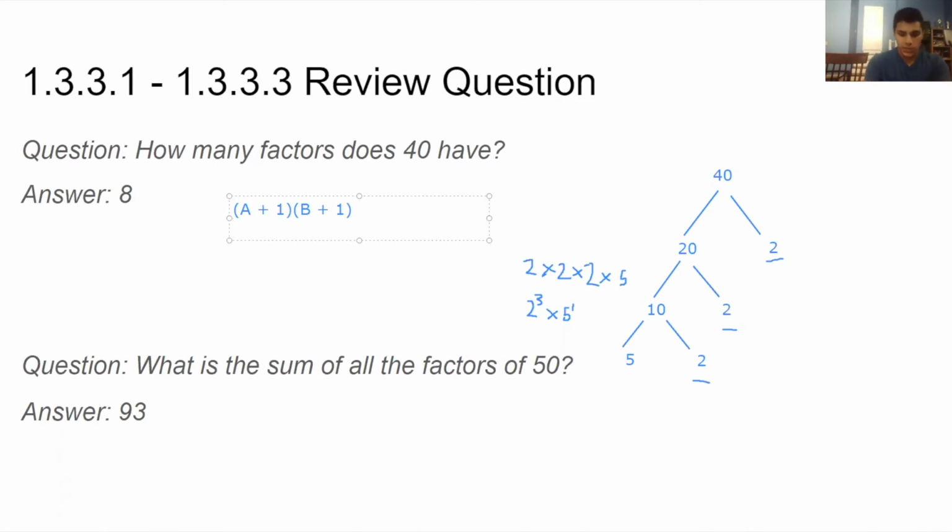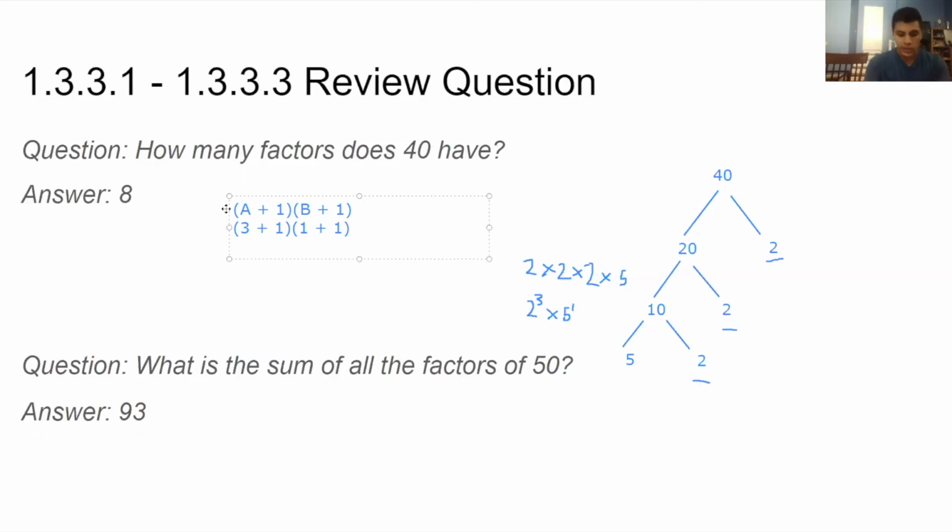Since I have 2 to the power of 3, 3 is one of them, so 3 plus 1. The other one is 1, since I have 5 to the power of 1, so 1 plus 1. I substituted in 3 and 1 for a and b.